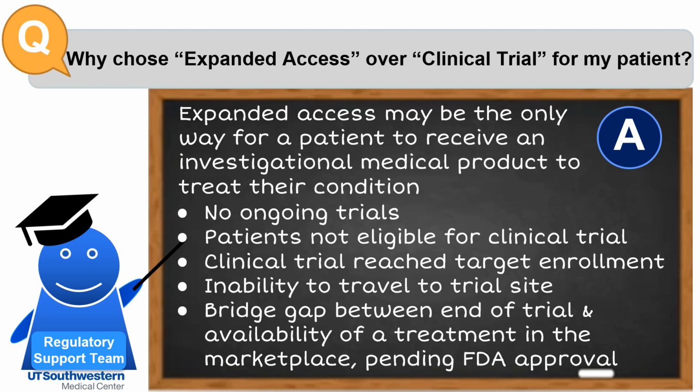There may also be circumstances to bridge the gap between the end of a trial and availability of a treatment in the marketplace, perhaps pending FDA approval before the general population can access it. So these are all valid reasons and justify choosing expanded access over a clinical trial to treat your patients with serious or immediately life-threatening diseases and conditions.